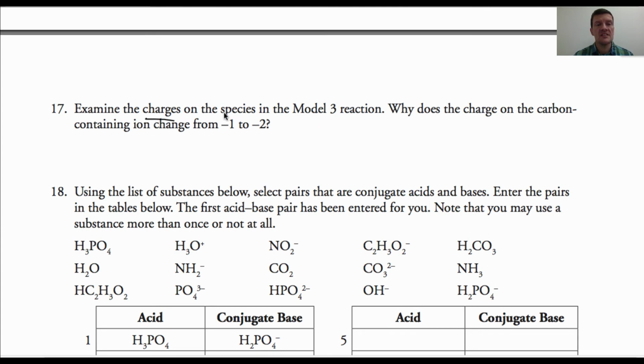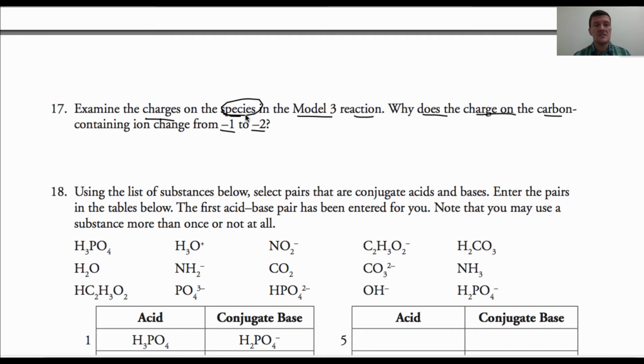Examine the charges on the species in the Model 3 reaction. Why does the charge on the carbon containing ion change from -2 to -1 to -2? So as mentioned there, when you take away an H plus, then the charge is going to drop.